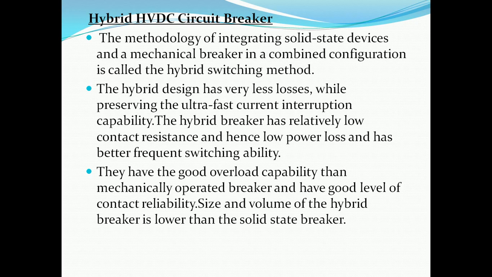The hybrid design has several advantages over the conventional circuit breaker used in HVDC systems: it has very little loss while preserving the ultra fast current interruption capability, and the hybrid breaker also has relatively low contact resistance and hence low power loss, and better frequent switching ability.